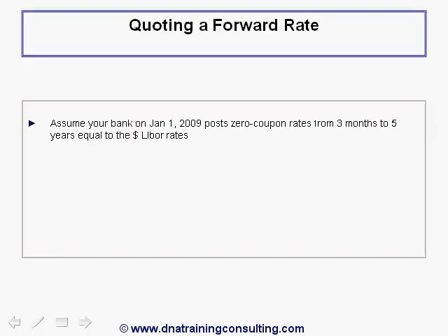We begin with the assumption that your bank offers zero coupon deposits for periods ranging from 3 months to 5 years based on dollar LIBOR, and therefore has a liquid zero coupon yield curve we can use for our pricing exercises.